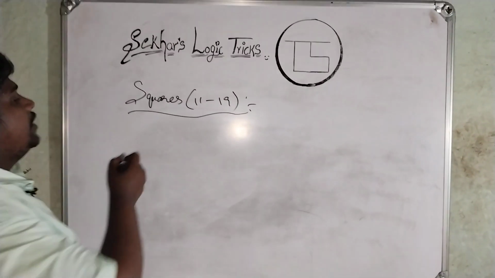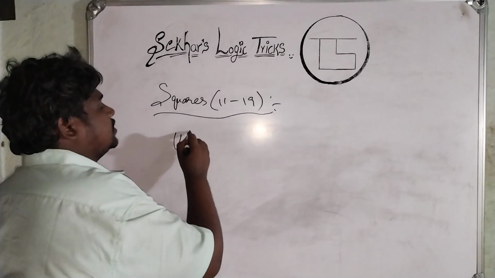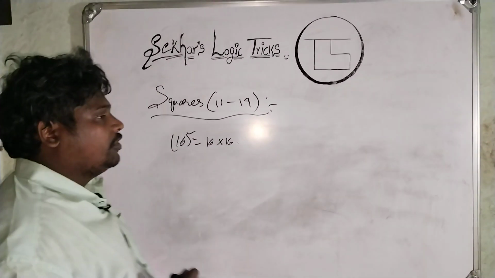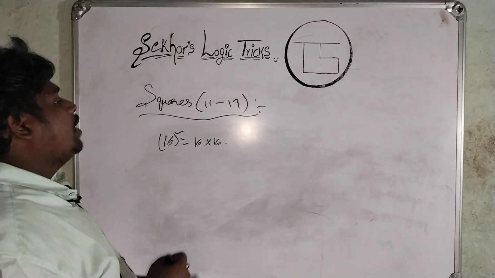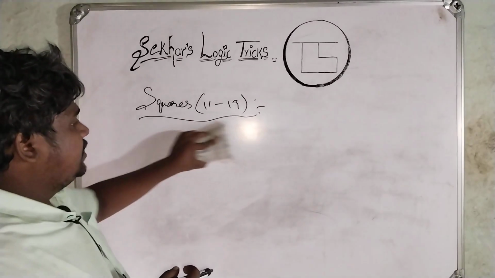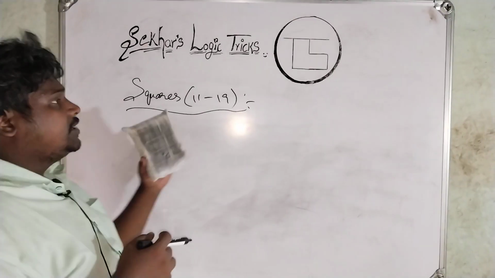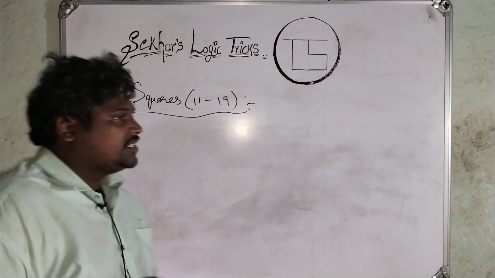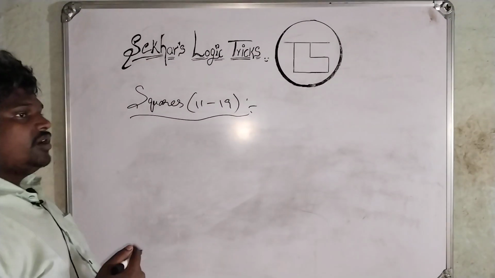But if we want to find 16 square, which is 16 into 16, it is somewhat tricky. In today's video we are going to learn the squares of 11 to 19 in 1 second, in Vedic maths.